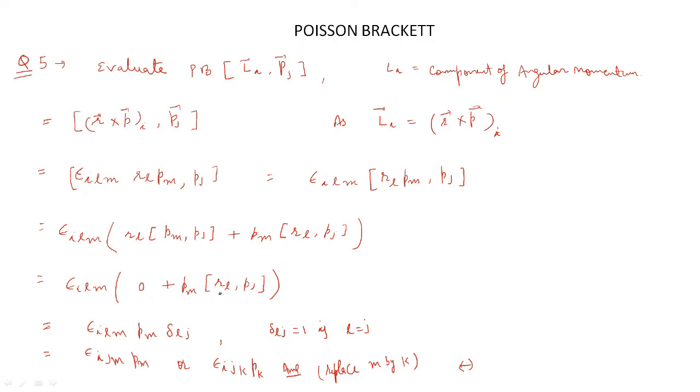Now you know that {R_l, P_j} is equal to delta_lj, so it will be written as epsilon_ilm P_m delta_lj. Now if l is equal to j, then delta will be equal to 1. So we can write it as epsilon_ijm P_m, or we can write it as epsilon_ijk P_k if m is replaced by k. Thank you.